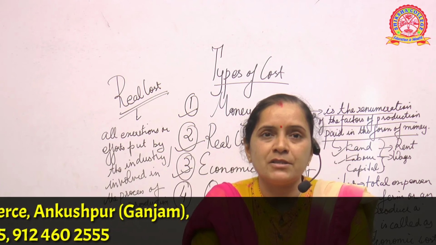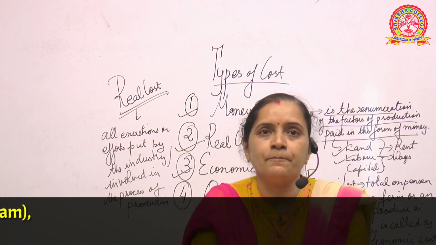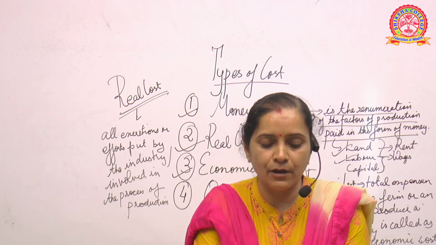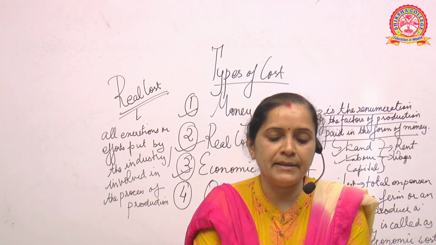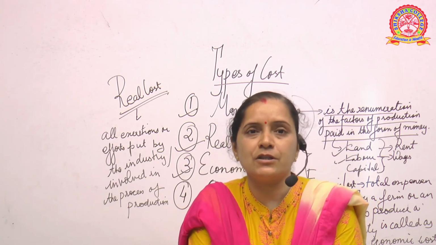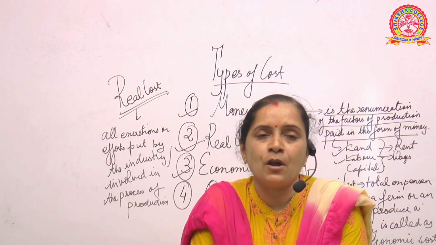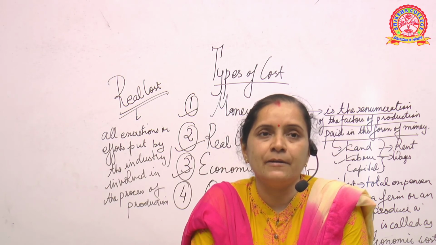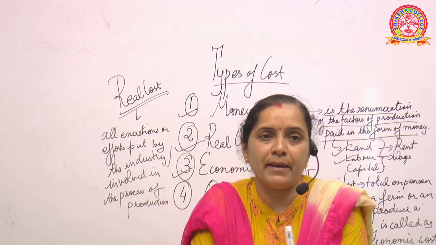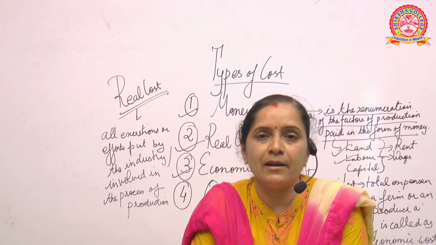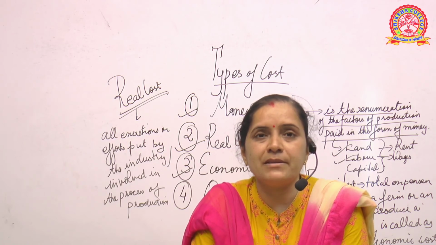What is the basic difference between real cost and economic cost? When we are talking about real cost, we are talking about the exact amount of money that has been expended during the process of production by the organization or the industry. Real cost means the efforts or sacrifices made, the exact exertions. Suppose I am producing 1000 pens, my real cost may be around 10,000, but my actual cost may be something more.